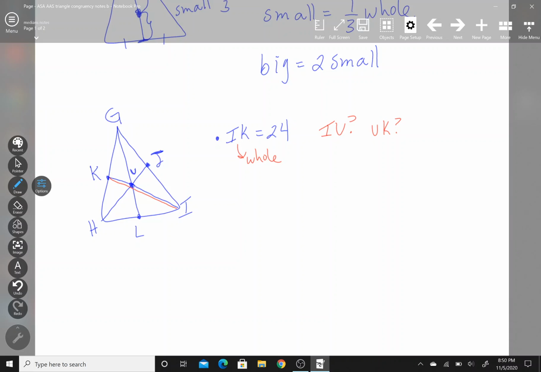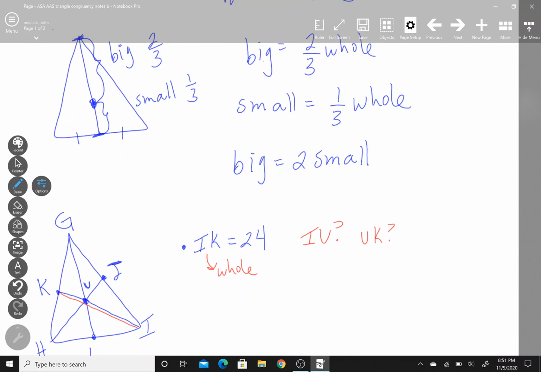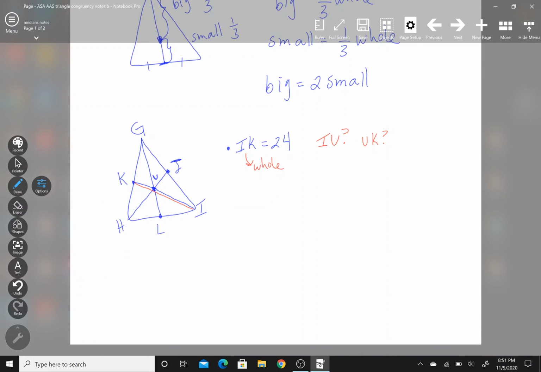All right, we've got the whole thing is IK. And remember, go look at our formulas. The big part is going to be 2/3 of the whole, and the small part is going to be 1/3 of the whole. So the big part is IU. So IU is 2/3 of IK.